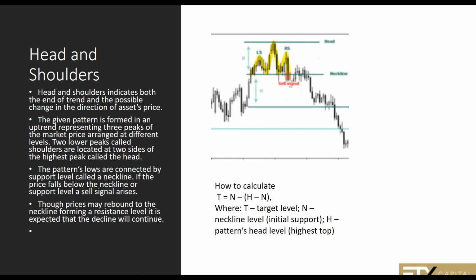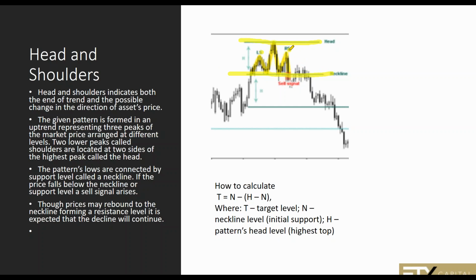Now, to calculate this, when we see the development of the pattern, the first thing we have to do is truly find the neckline. Once we've found the neckline, we can draw a line across that, because that's your support line of the price movement anyway. You have your head, your left shoulder forming here, your right shoulder forming here.